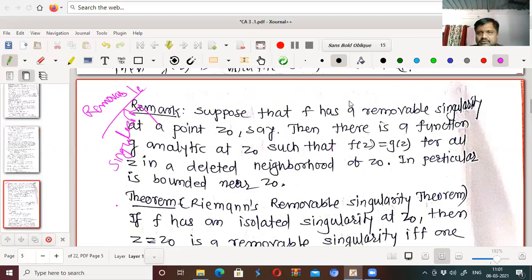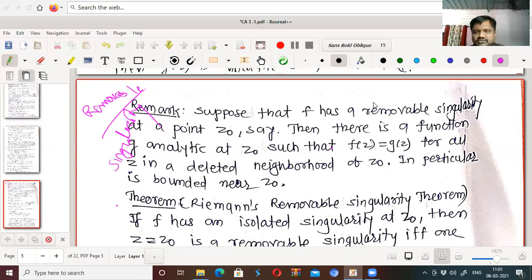Then we have two kinds of singularities, mainly isolated singularity and non-isolated singularity. Isolated singularity means a singularity such that if we take out that point, then in the neighborhood of that point there is no other singularity of that function.